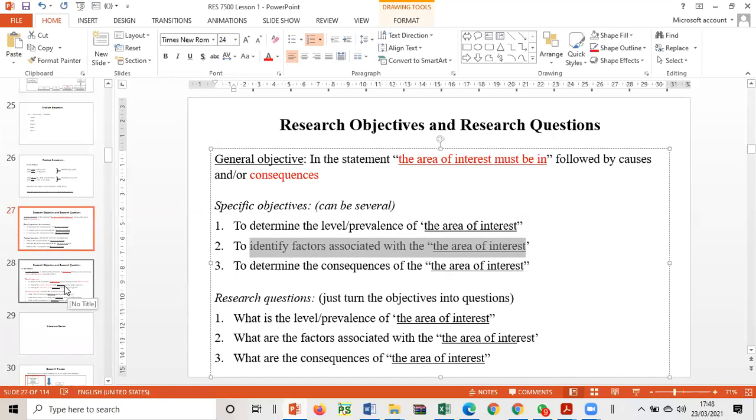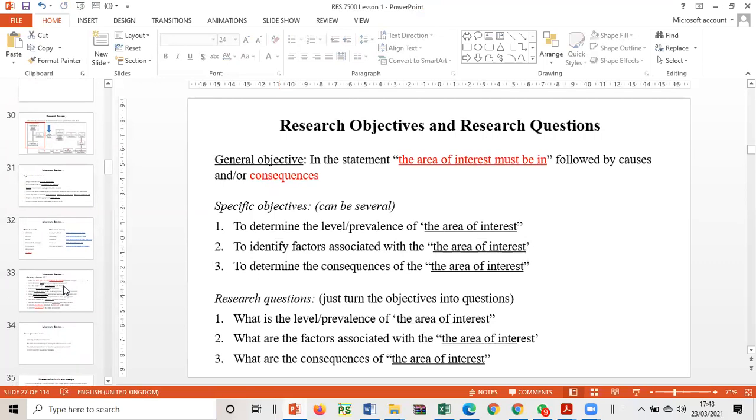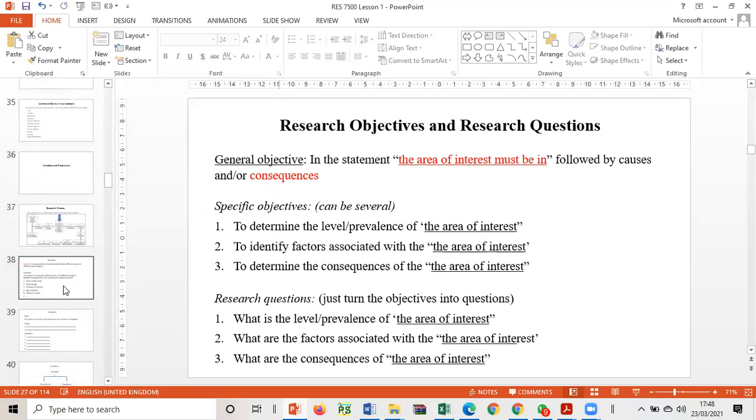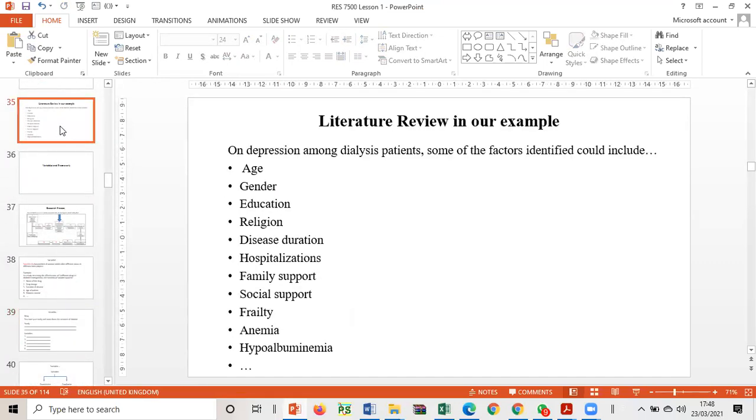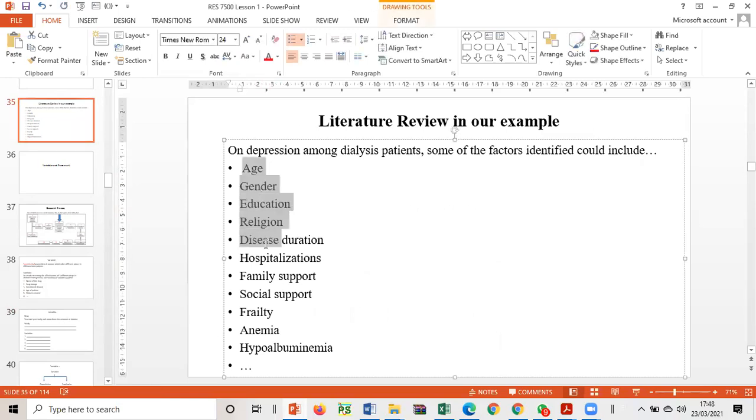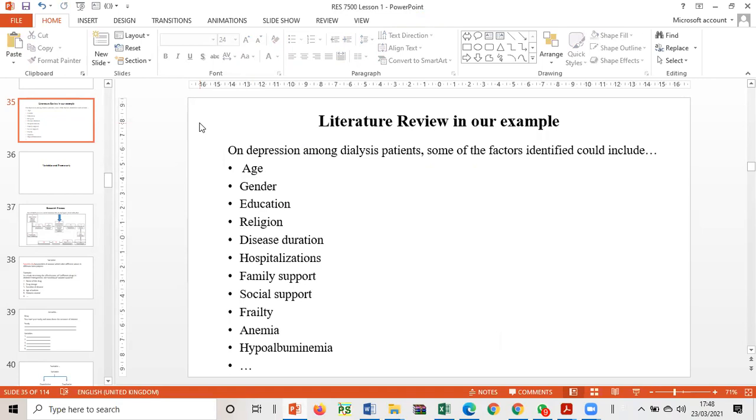I don't know what factors, I'm just starting. By going through the literature, I know the factors I will go through and can support them from the literature. Maybe a younger person may be more depressed, maybe males more, lower education more, religious people less, we don't know. So these are things obtained from literature.